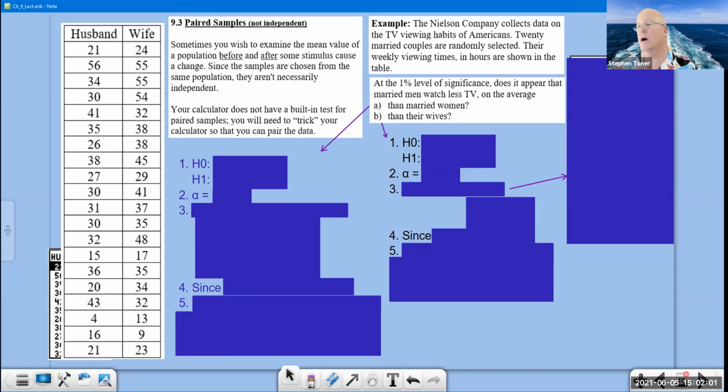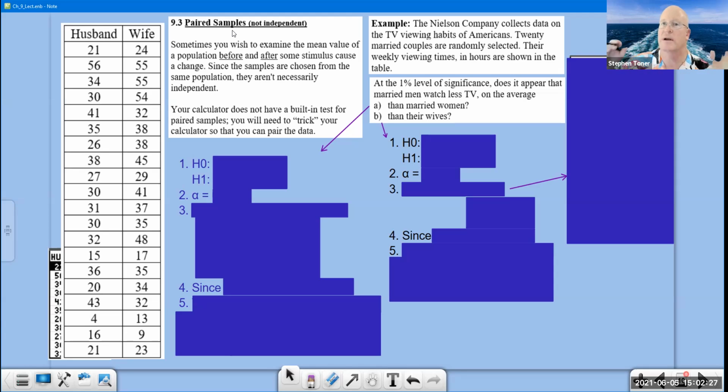Now we're going to learn a whole new type of test, and we've got all sorts of extra details to work on in this problem. Before we get to this problem though, let's start with this summary, because now we're getting into these paired samples. Okay, and with paired samples, we are not dealing with independent populations like we have been already in this chapter.